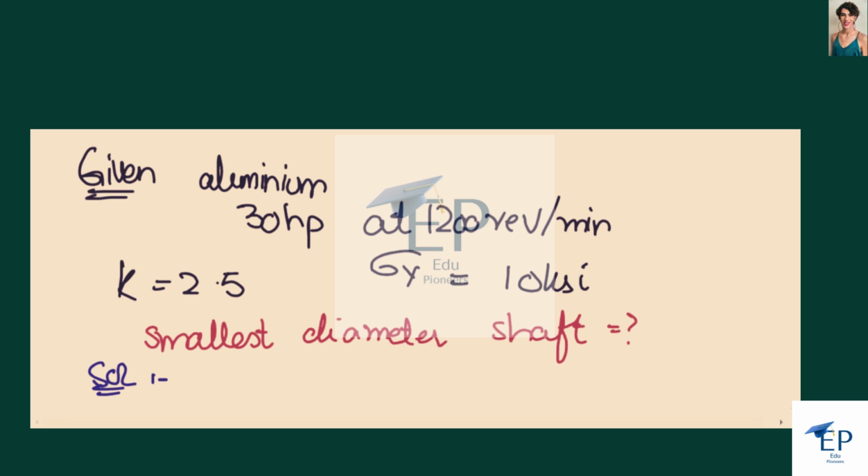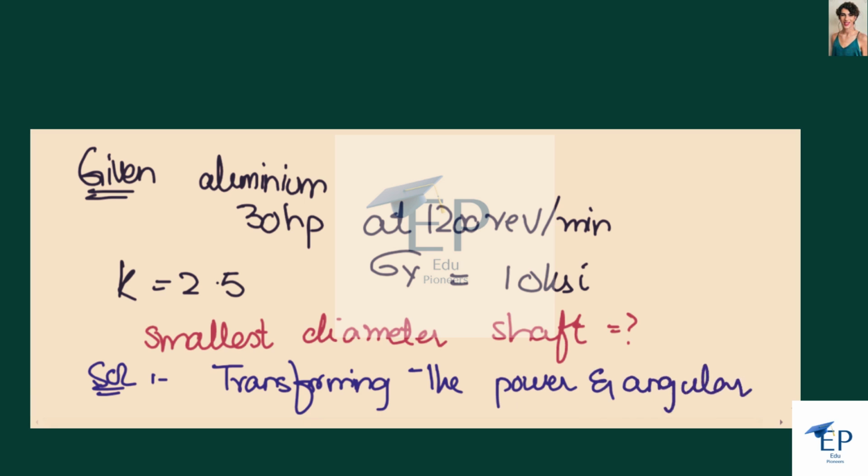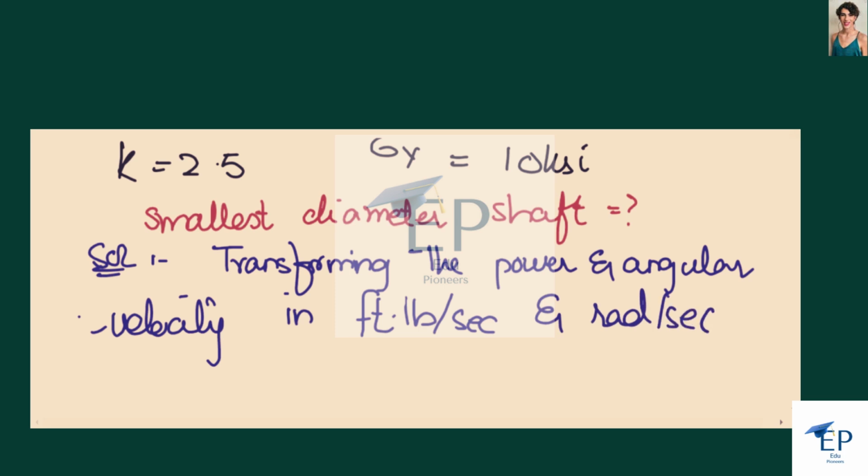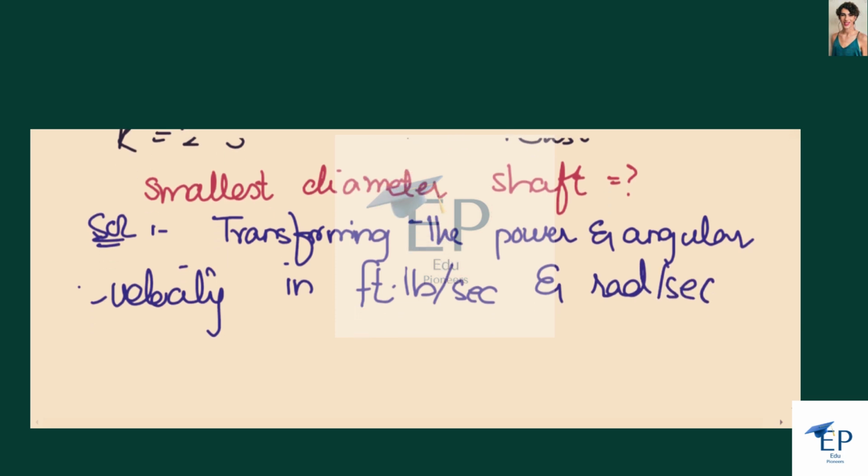Now, first of all, we start by transforming the power and the angular velocity, power in foot-pounds per second and angular velocity in radians per second, just as it is done in example 5.4.